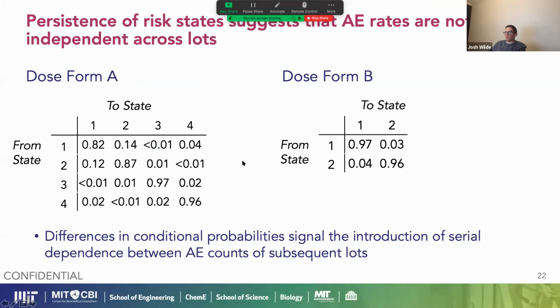So what we want to say to really make this conclusion that we have this sort of serial dependence between adverse event rates in our sequence is to see a transition matrix with most of the probability mass on the diagonal. So we want to see states that are highly persistent, which is exactly what we see.